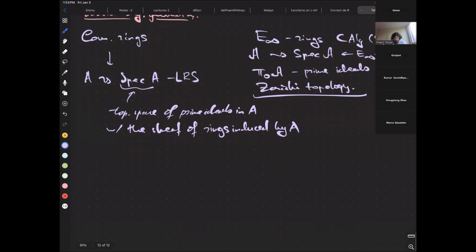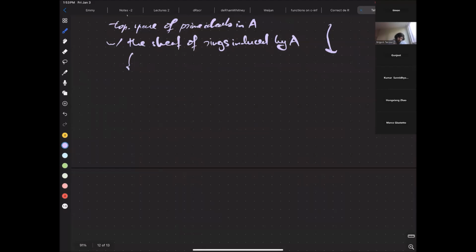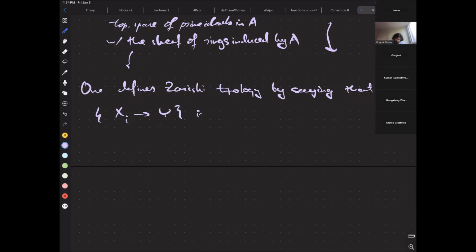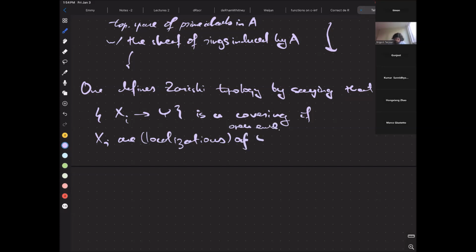So now, in the classical and in this derived sense, we build some locally ringed spaces, and then one defines the Zariski topology by saying that a family of morphisms between affine schemes is a covering if they are localizations or open embeddings in Y, and they're jointly surjective.